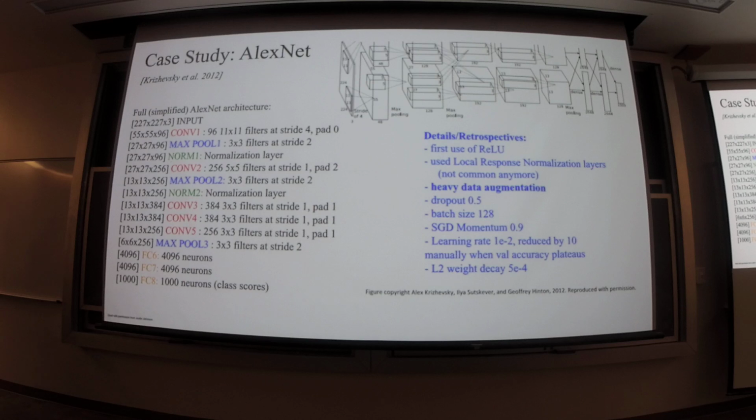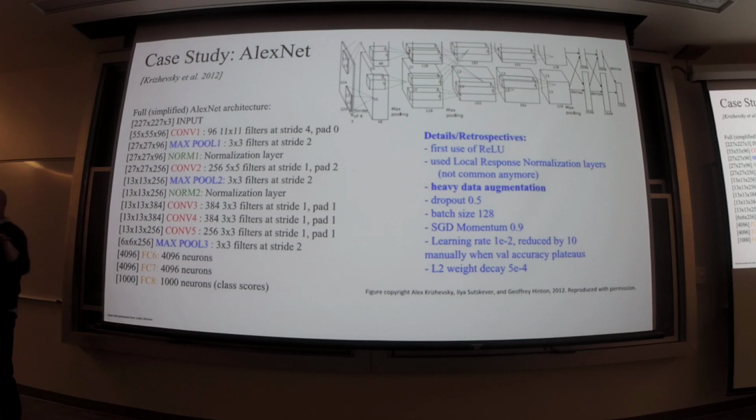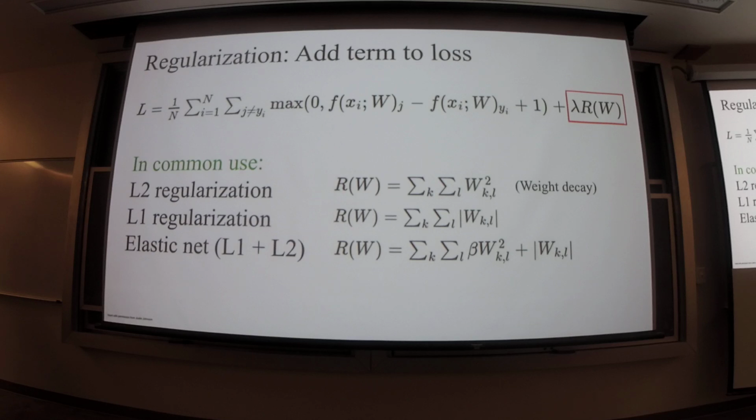Another thing that was done here that has really nothing to do with the architecture is this idea of data augmentation. We're going to spend a little bit of time talking about that right now. So remember our discussions about regularization, right? You have your loss function, and then you can regularize it. We talked about how regularization is some notion of how we want the weights to behave or look, some property of the weights.